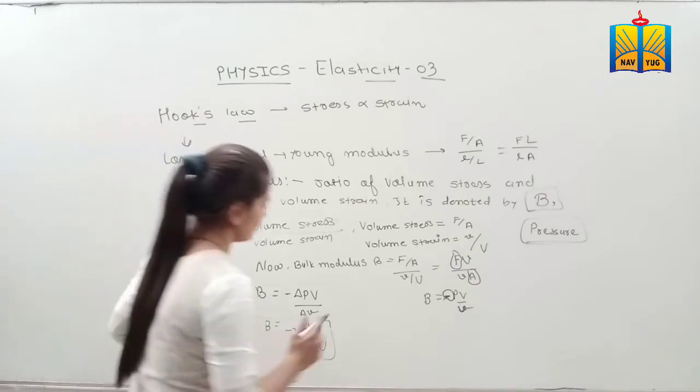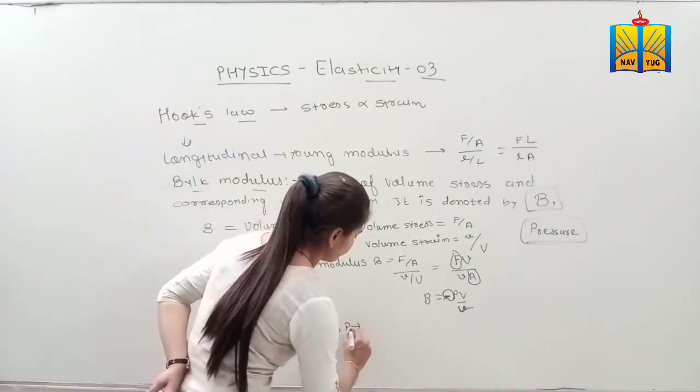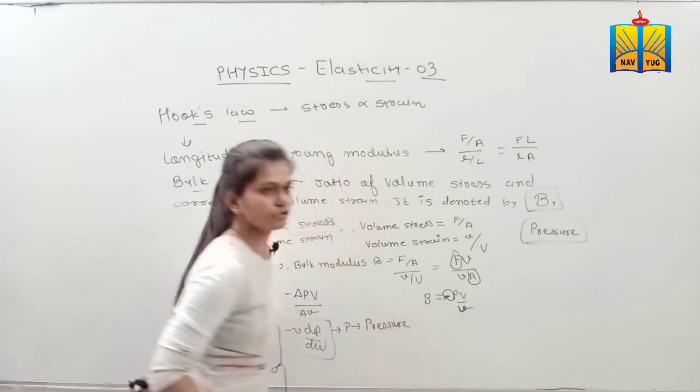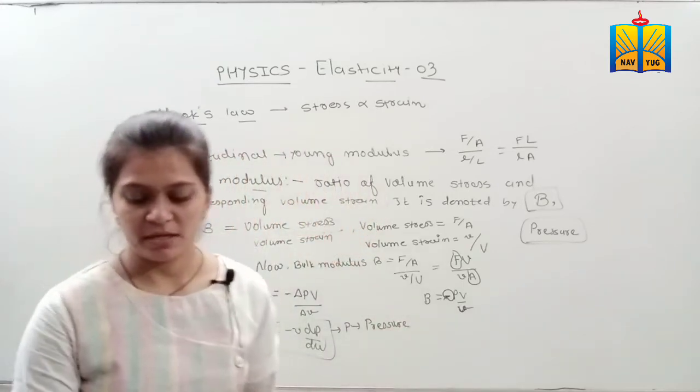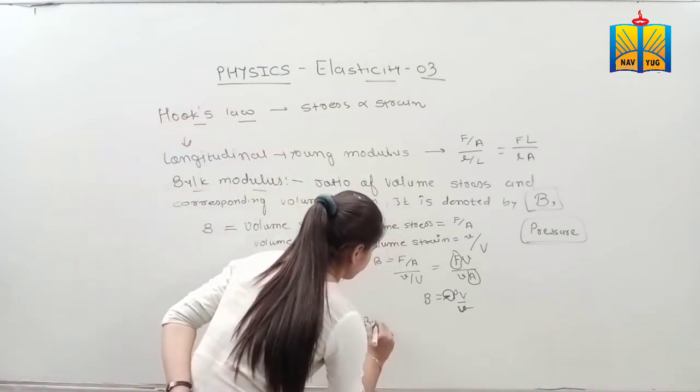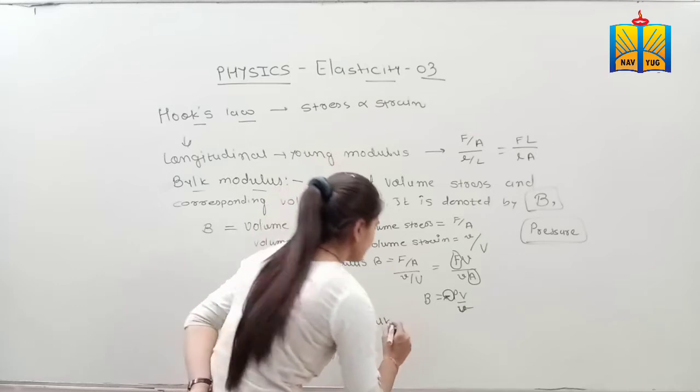Here P, we can say P, that is pressure modulus. Okay, here we can see P, that is bulk pressure. We can denote P as a bulk pressure.